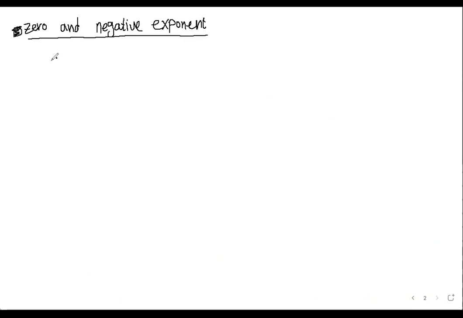Okay, so here we're going to talk about the 0 and the negative exponent. Again, if I have a real number a, but this real number is not 0, and I have a positive integer.